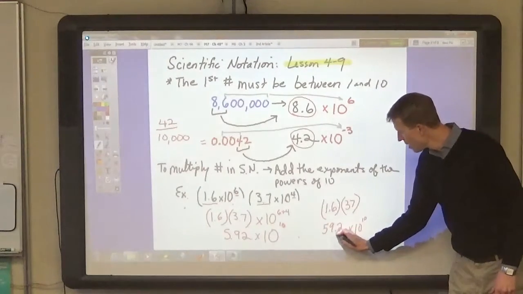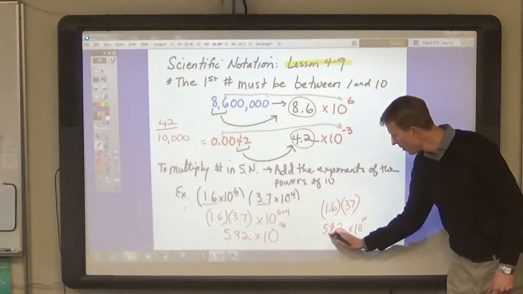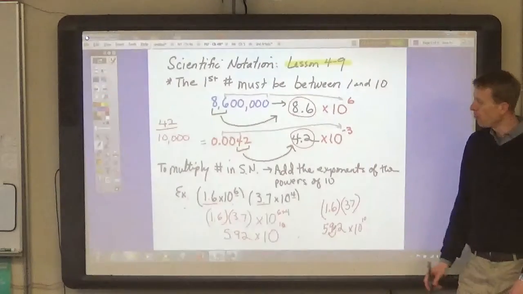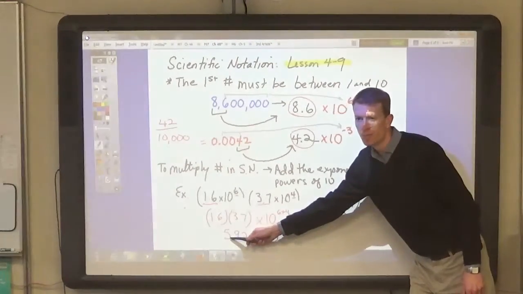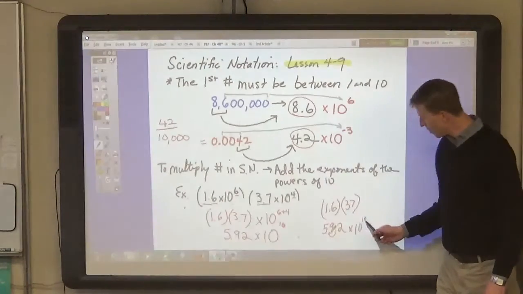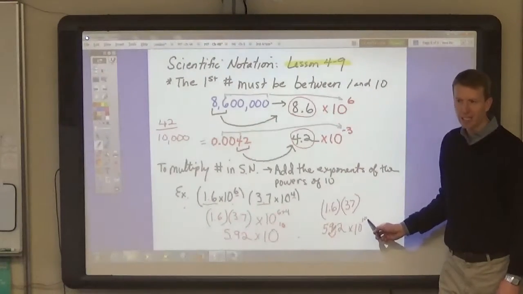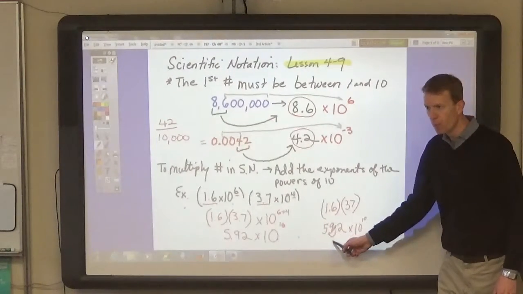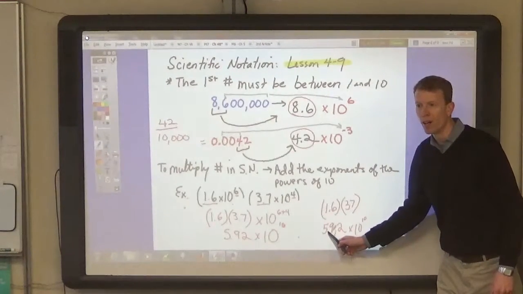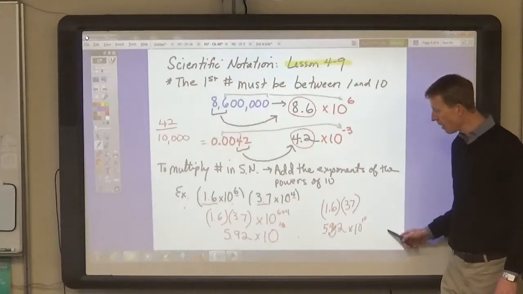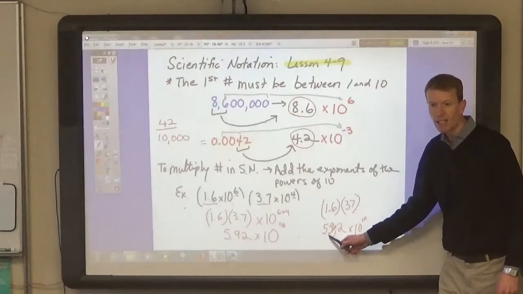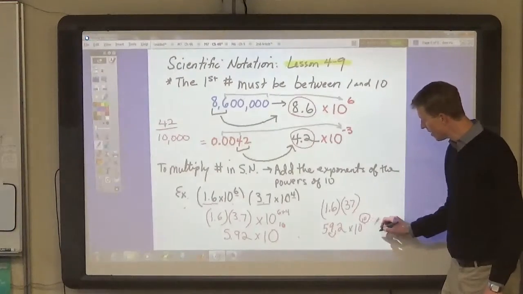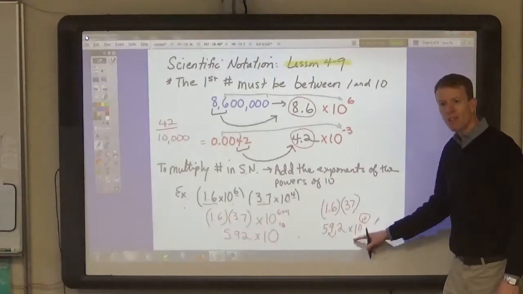So we'd have to move the decimal point this way one place in order to put it in scientific notation. But we can't keep the exponent in the same power then, because the decimal point is over one more. It's not over 10 places, it's over 11 places. So we'd have to write this as 10 to the 11th power.